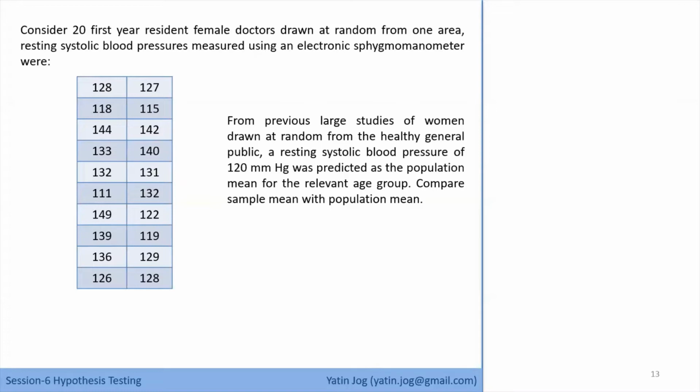Systolic is the higher blood pressure. So the standard higher blood pressure, which is expected, is 120. I want to compare the set of 20 doctors which I have. Is their mean blood pressure around 120 or not?